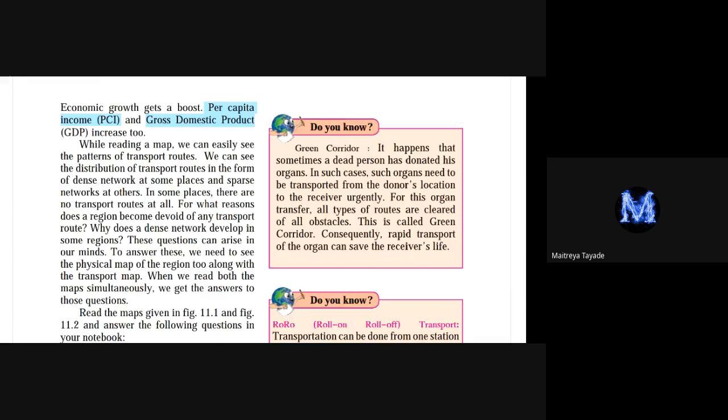For this organ transfer, all routes are cleared of all obstacles. This is called a green corridor. Consequently, rapid transport of the organ can save the receiver's life. So, do you know what a green corridor is?